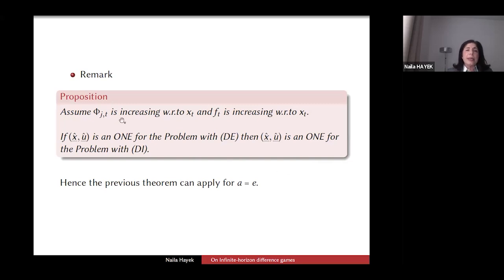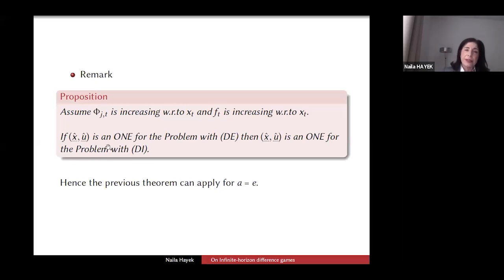If phi jt is increasing with respect to xt, if the objective functions for every j are increasing in the state variable and ft increasing in the state variable, then we have the following good result, which is easy to show. If the process is an overtaking Nash equilibrium for the problem with a difference equation, then it is also an overtaking Nash equilibrium for the problem with a difference inequality.